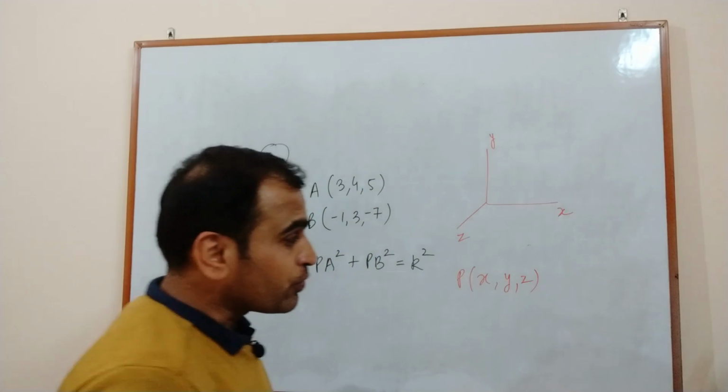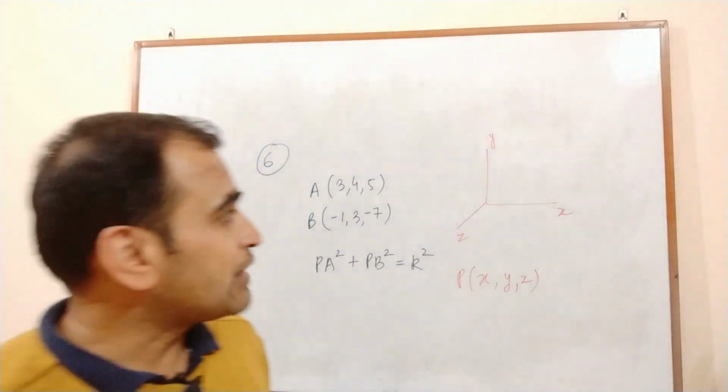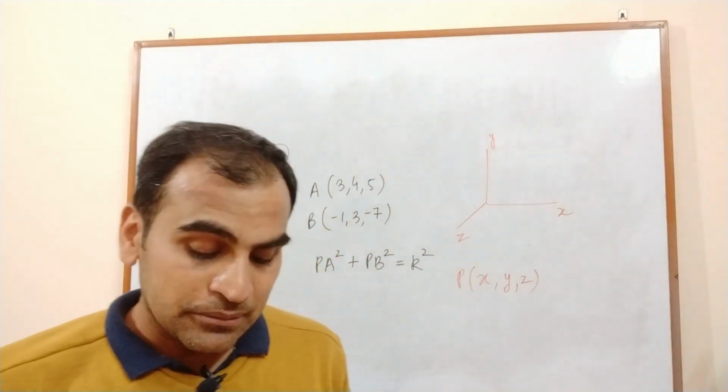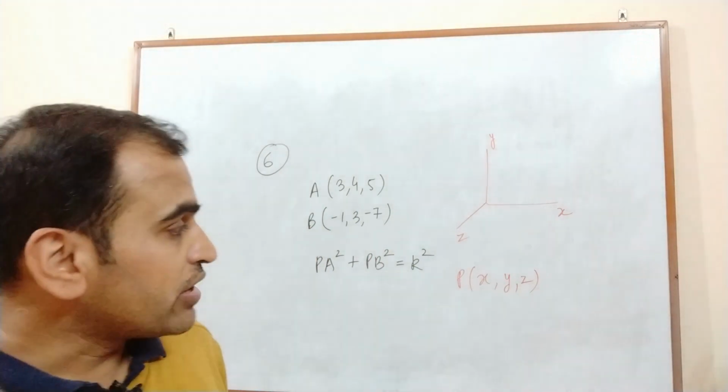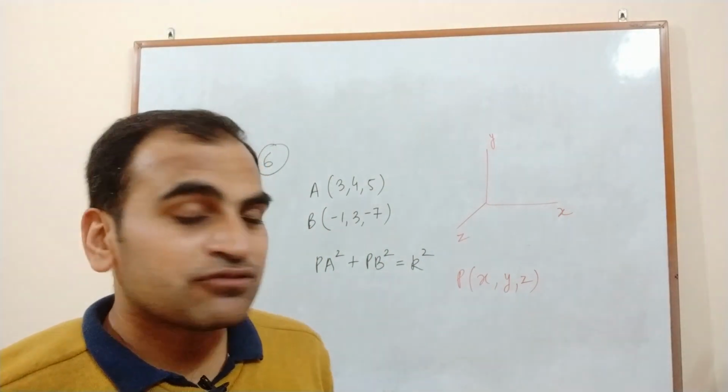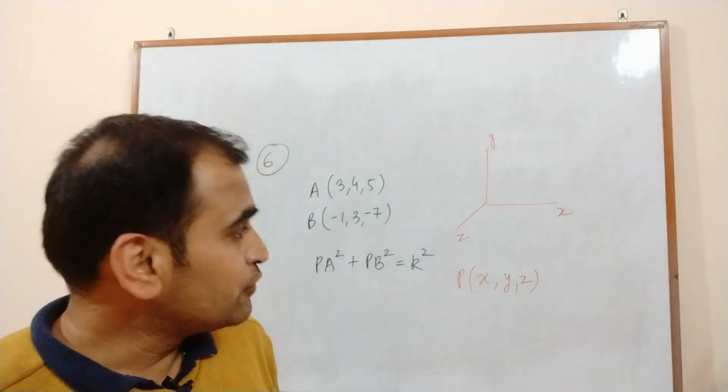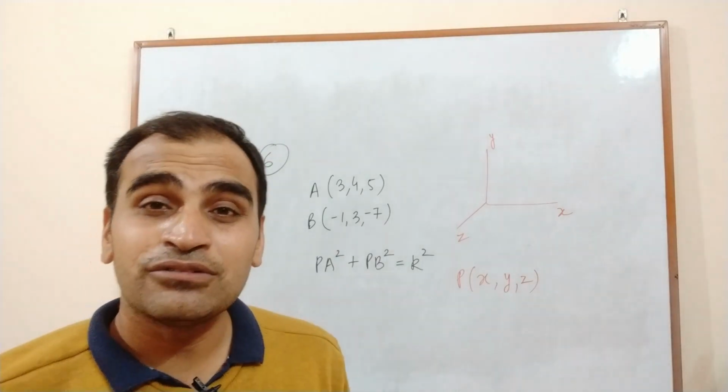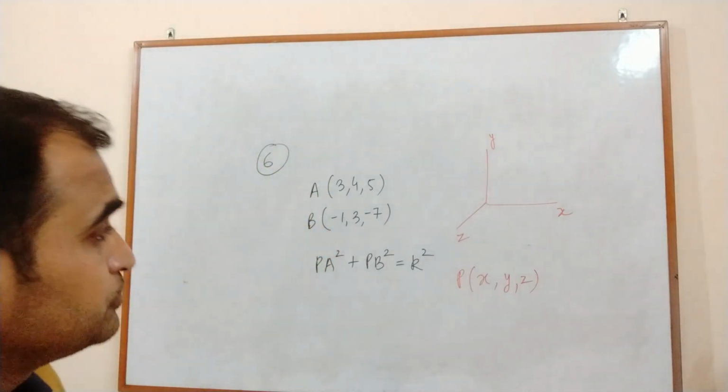We have 8 octants: xy plane, yz plane and xz plane. There are 3 planes. If a point lies on the xy plane, then the value of z will be 0. For the yz plane, x will be 0, and for the xz plane, y will be 0.